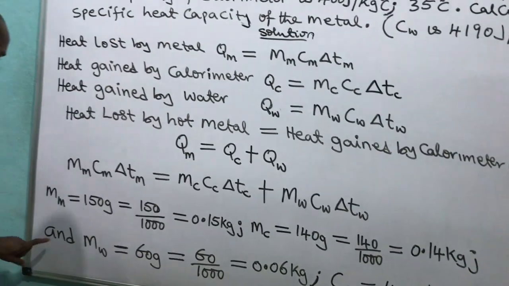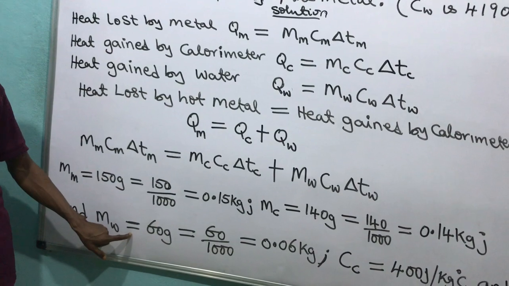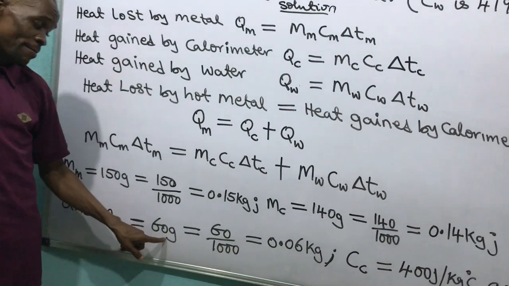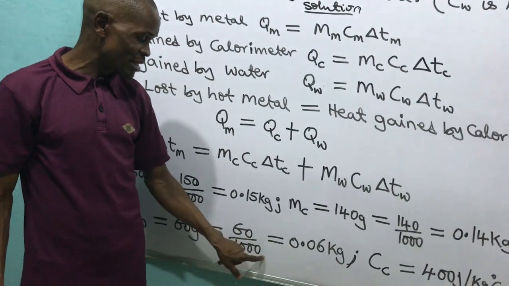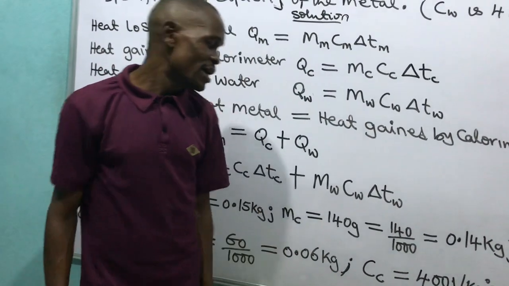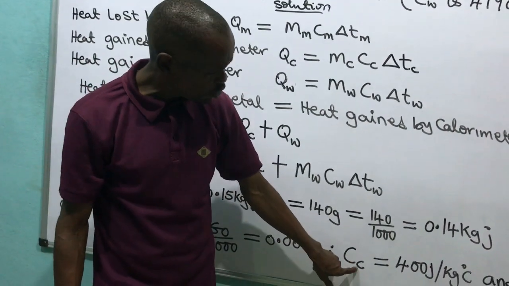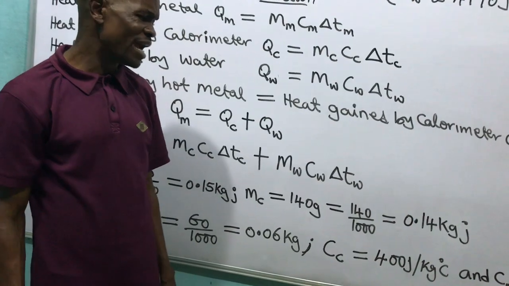Then I come here and say, and the mass of water. What's the mass of water? Which we have already seen here is 60 gram. I have to change it to kilogram by saying 60 gram divided by 1000, it gives me 0.06 kilogram. Then specific heat capacity of calorimeter is given to me as 400. Are you getting what I'm saying?